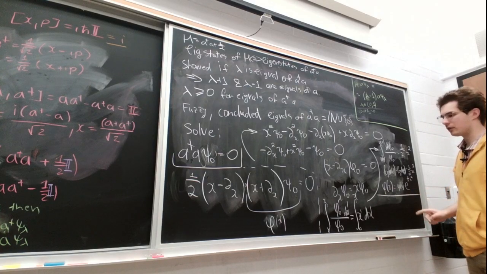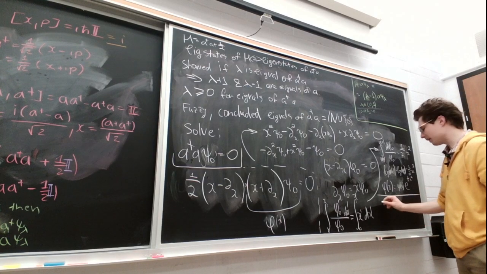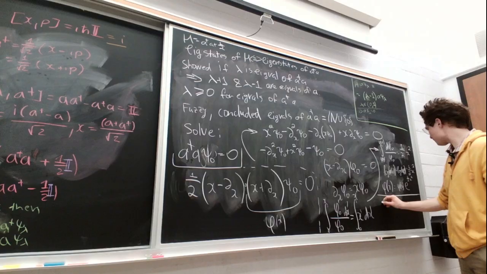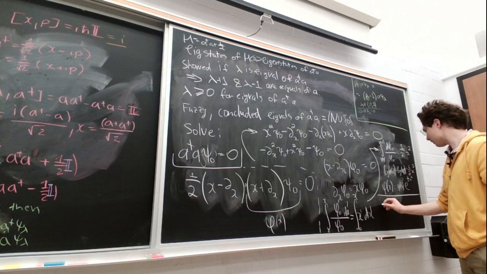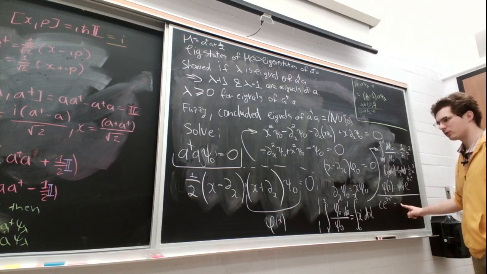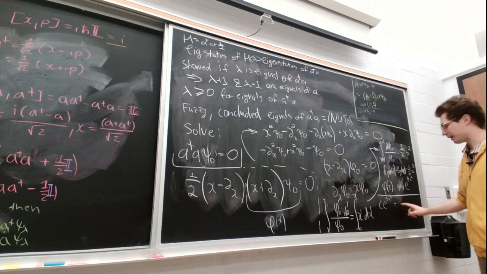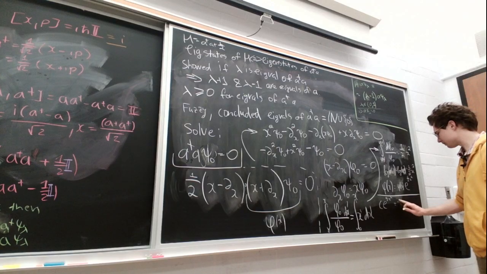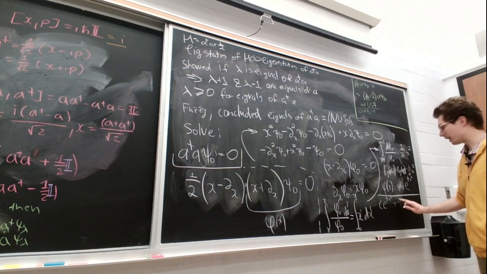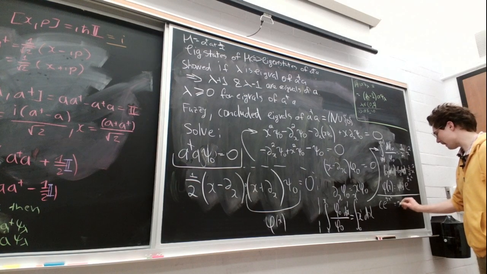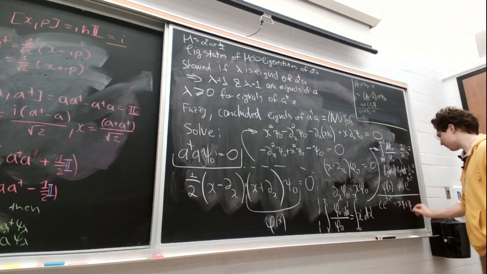And then the next ODE that I will want to solve is some constant e to the 1/2 x squared has to equal x psi plus psi prime.